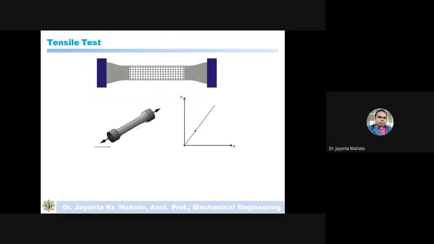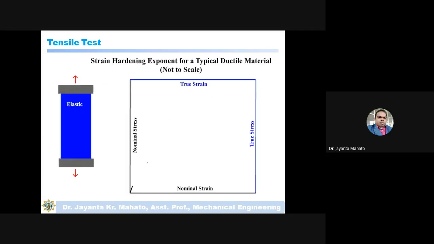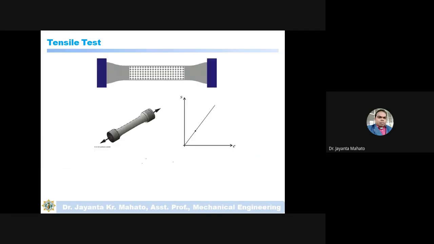In the first case, suppose you stress this cylindrical specimen, means you are applying a force. In a tensile test, what happens?